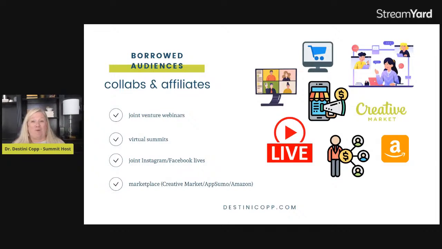It's only fair, right? They're coming from their world. But same thing with your courses that you might have. You can go find somebody in your industry that would be perfect to sell your course. So basically you would say, do you want to be an affiliate? You would give them all of the marketing material to help them market your program.